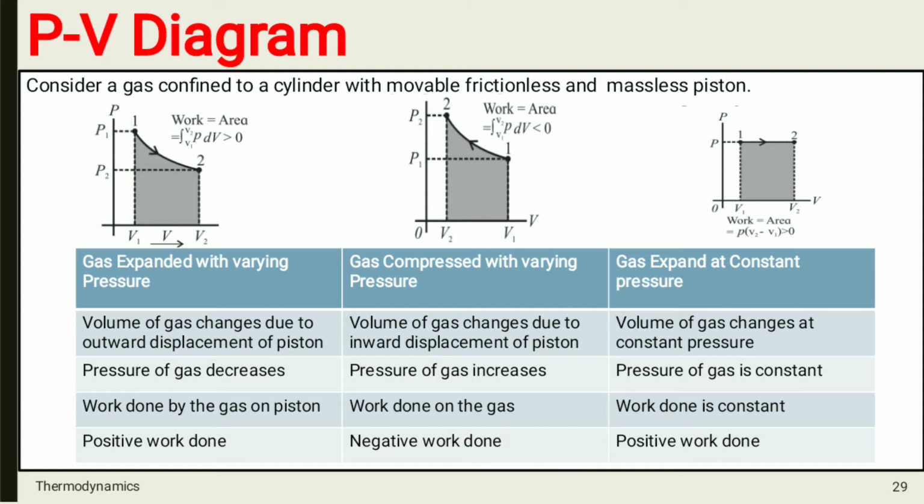Here are the sign conventions of work done again. When volume of gas increases, there is positive work done. When volume of gas decreases, negative work done. When volume of gas increases under constant pressure, positive work done.